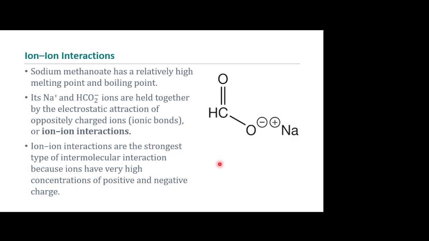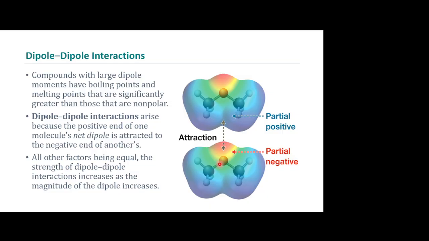To separate these. Okay, so dipole-dipole interactions. So these are going to be where you have a net dipole and it's attracting another net dipole. And so you have the negative charge here that's partially negative charged. It's going to attract to another partially positive charge. Okay, and they'll literally line up like little magnets.